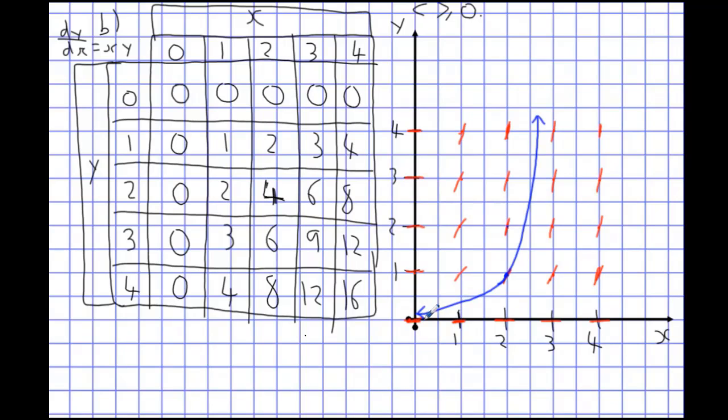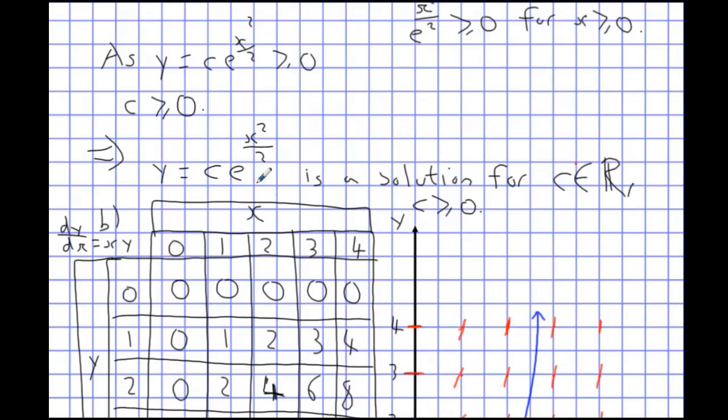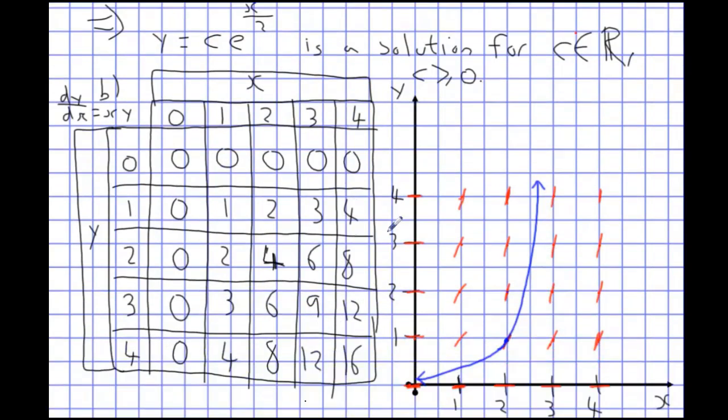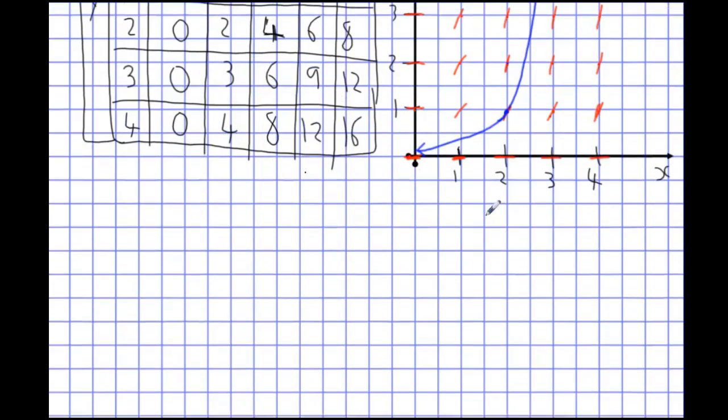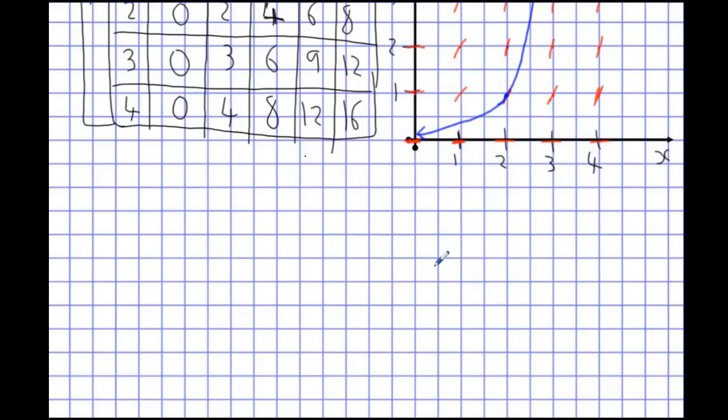Now it says verify algebraically that the curve we have sketched is y equals 1 over e squared times e to the x squared over 2. Okay, so we know y equals c e to the x squared over 2, and we're interested in the point 2, 1. So y equals c e to the x squared over 2. So at the point 2, 1, y, which is 1, equals c times e to the 2 squared over 2.